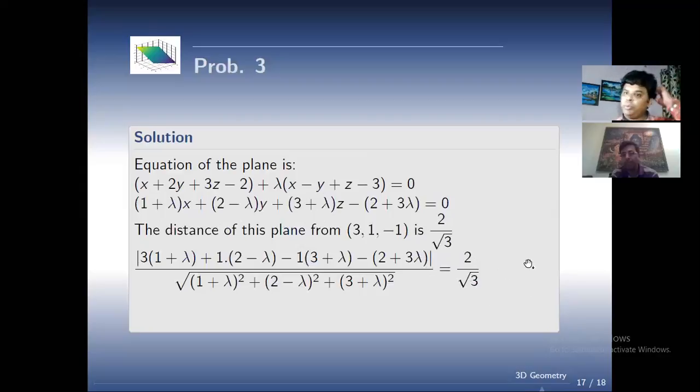I'll give you a few minutes to simplify this so that I can find lambda. Take some time, do this.